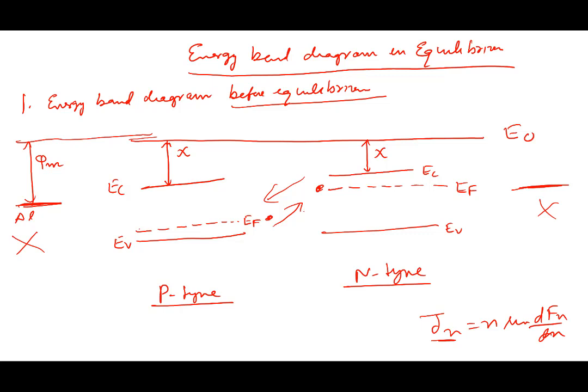So the next step in drawing the diagram is that you see what is happening with these exchanges of charges. The next step is that you draw a diagram in equilibrium. In equilibrium, our starting point is that Fermi energy has equalized. That becomes the starting point.